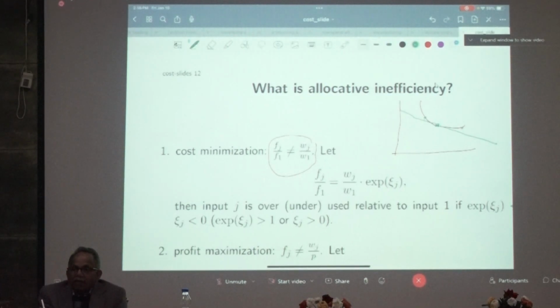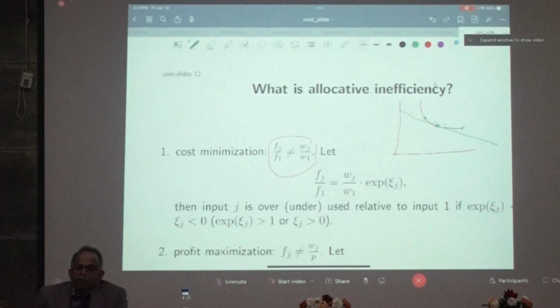Because you are not using the optimal point, the cost of this point is going to be higher, because I have to draw the line that goes through this point. This solid line indicates the cost, and the dotted line indicates a cost which is going to be higher, so you will see that this has a higher cost.